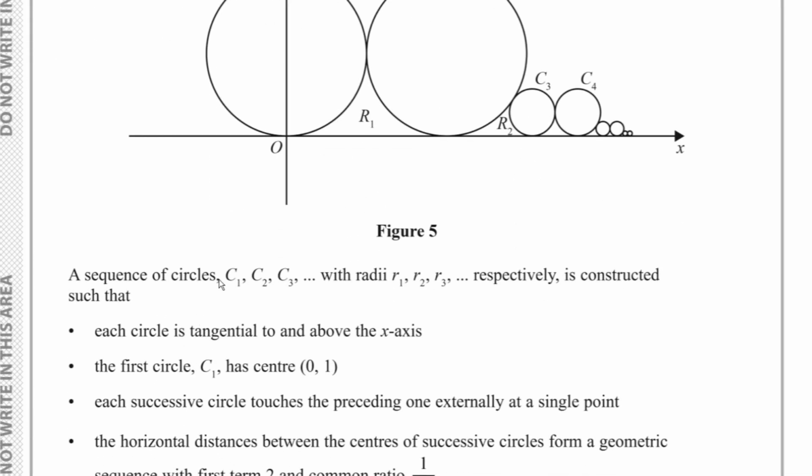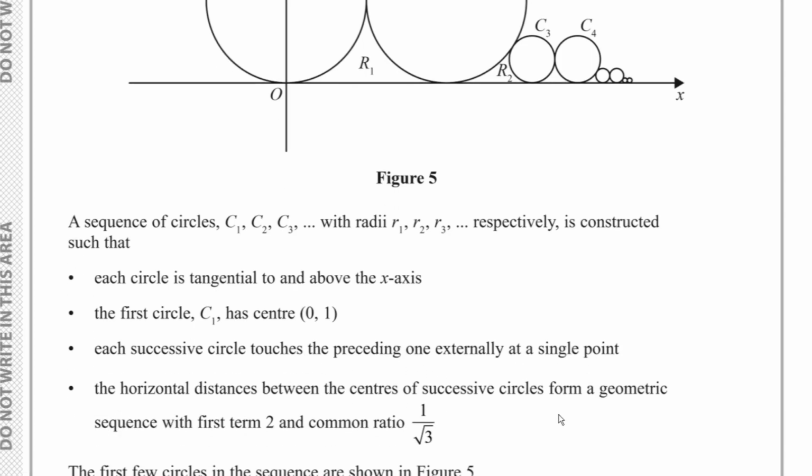The sequence of circles C1, C2, C3, etc. with radii R1, R2, R3, etc. respectively is constructed such that each circle is tangential to and above the x-axis. The first circle C1 has centre (0, 1). Each successive circle touches the preceding one externally at a single point.